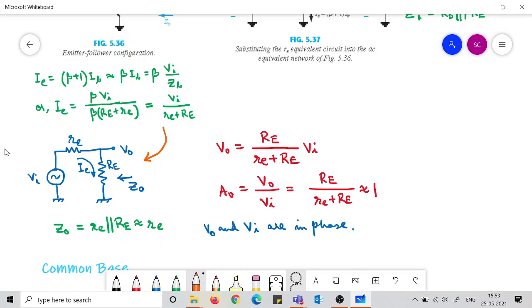We have a source voltage Vi. It has a source resistance small re, which is very small, as normally source resistances are very small.